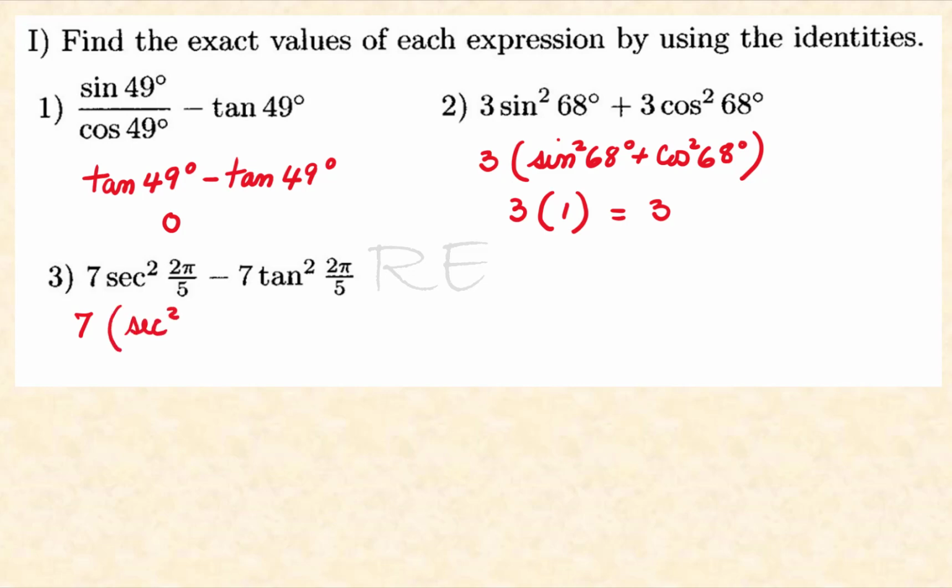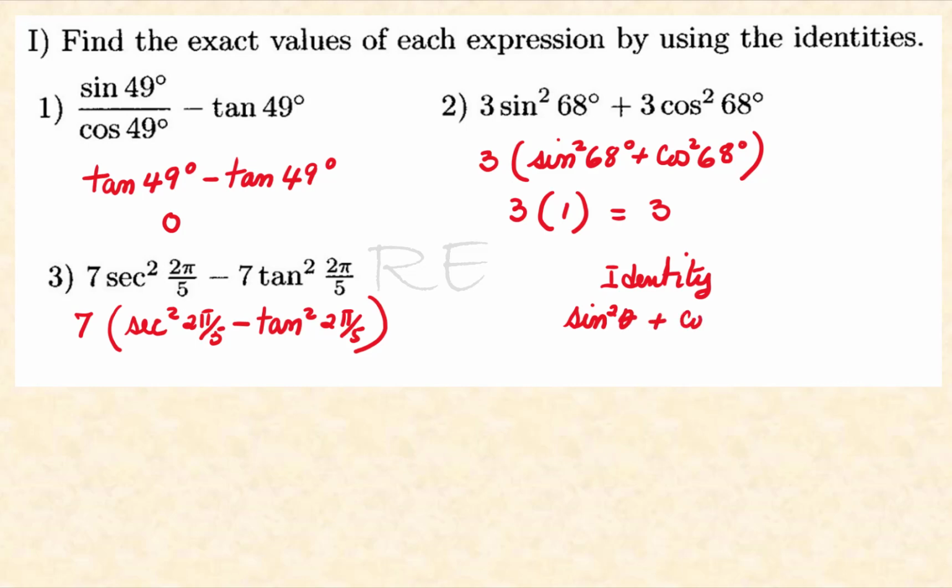We begin by factoring 7. 7 times secant squared 2 pi over 5 minus tangent squared 2 pi over 5. As an identity, we learned that sine squared theta plus cosine squared theta is equal to 1.